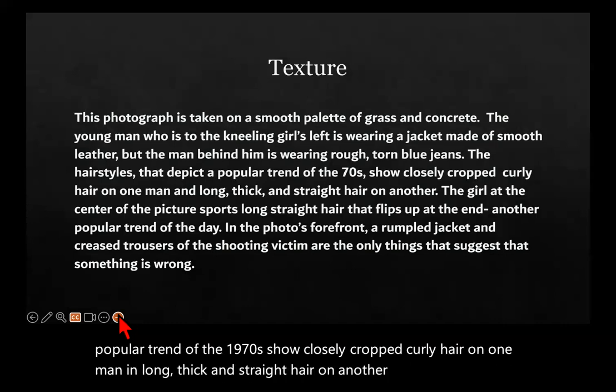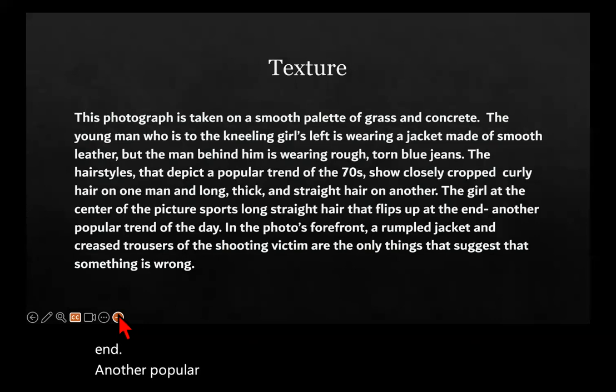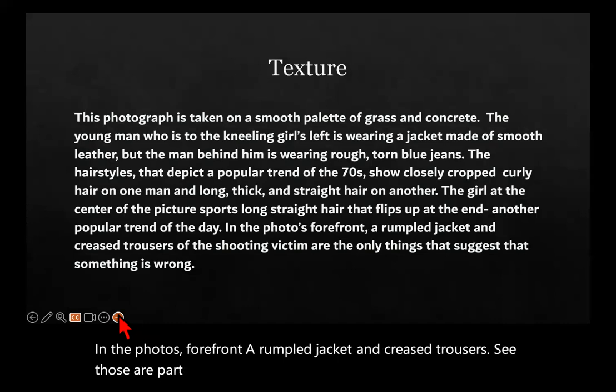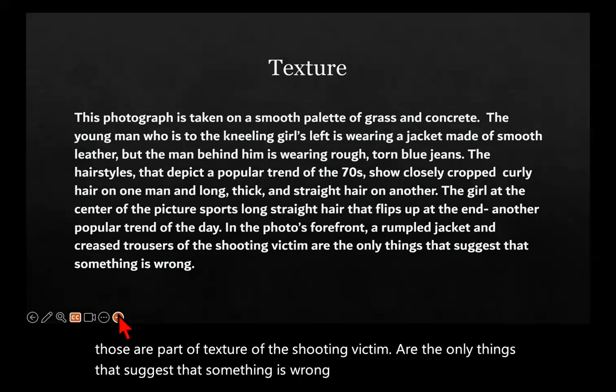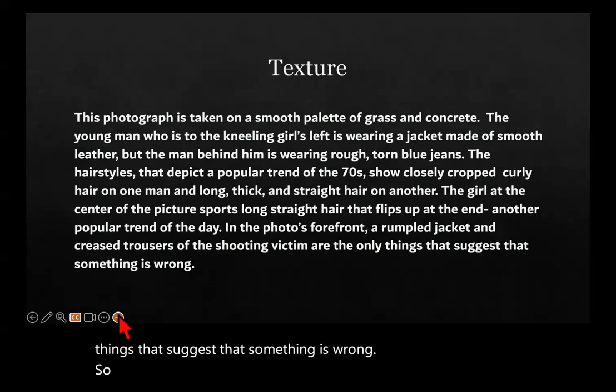The girl at the center of the picture sports long, straight hair that flips up at the end, another popular trend of the day. In the photo's forefront, a rumpled jacket and creased trousers of the shooting victim are the only things that suggest that something is wrong. See, those are part of texture. So that's what my texture paragraph looks like.